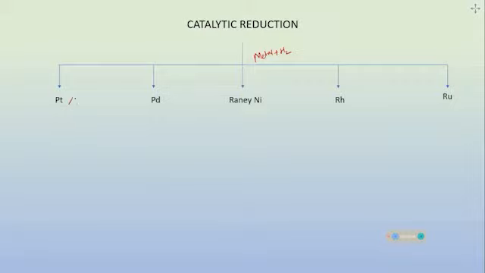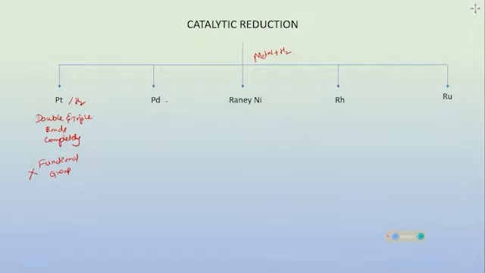Platinum in the presence of hydrogen reduces double bonds and triple bonds completely, but no other functional groups react. For example, aldehydes, ketones and esters are not reduced by platinum in the presence of hydrogen.